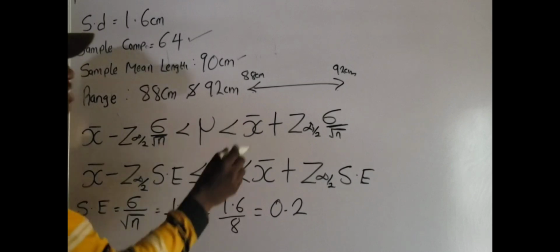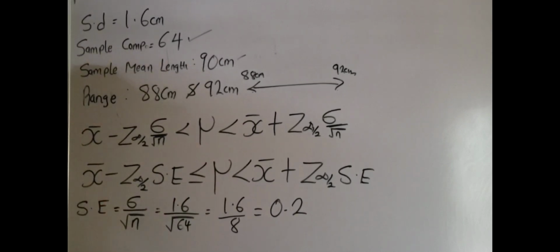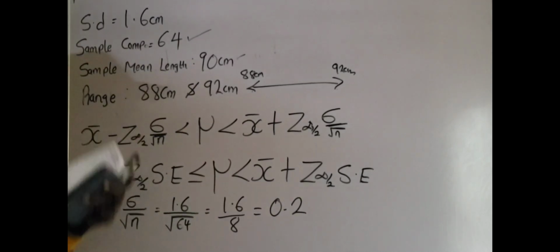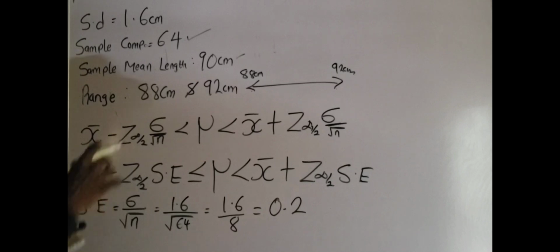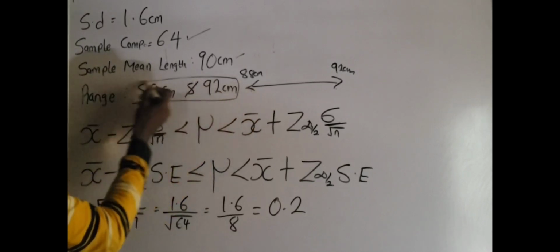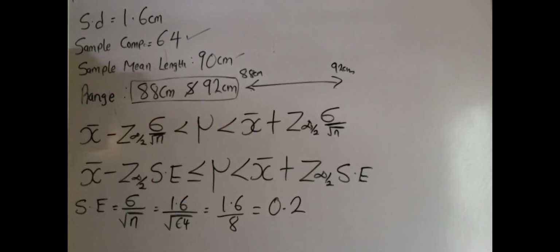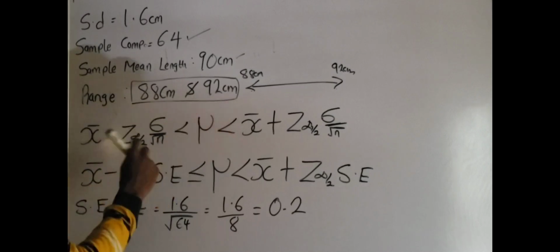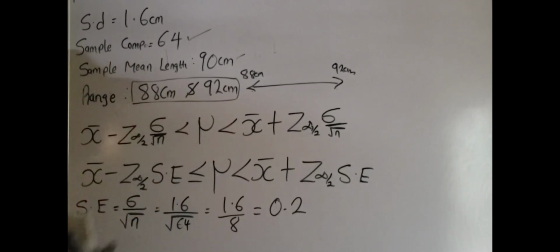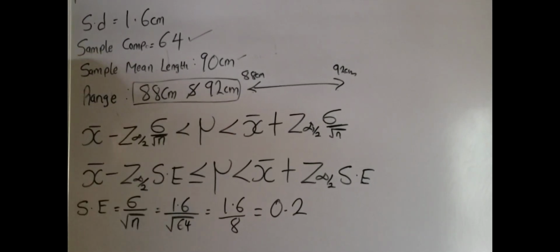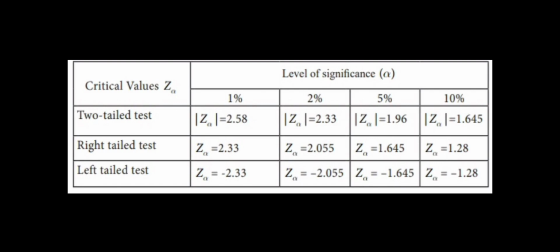Assuming we have only one tail, that will be either the right-tailed or the left-tailed, but in this case we have a range. The customer doesn't want the length of the component to be greater than 92 or less than 88. So this is the two-tailed test. Now, this is the standard distribution table that we are going to use to determine our critical value.